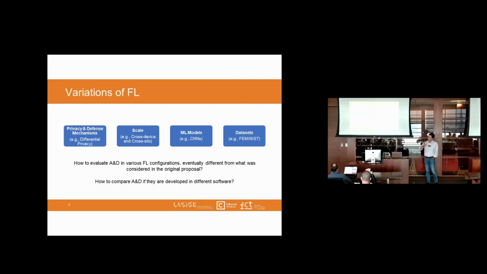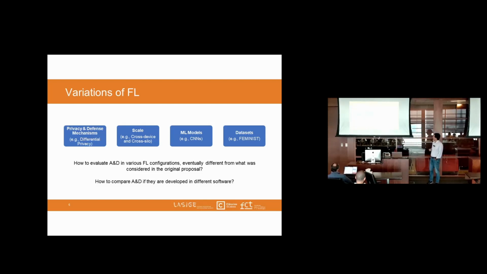But the other scenario that people have been looking at is organizations, okay? So each organization corresponds to one device. You could think of an organization as a hospital that is using the data of its patients to build a global model that is more effective at detecting cancer, okay? In this case, the hospital does not want to make available the information about the patients, but it would like to take advantage of this data together with the data of other hospitals to have a better model, okay?